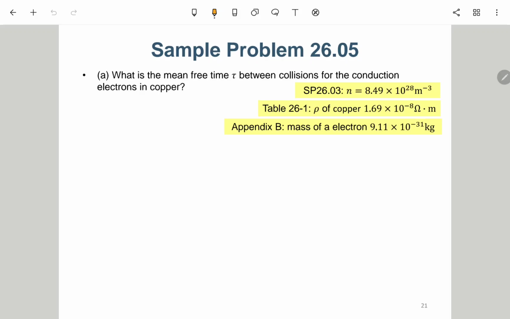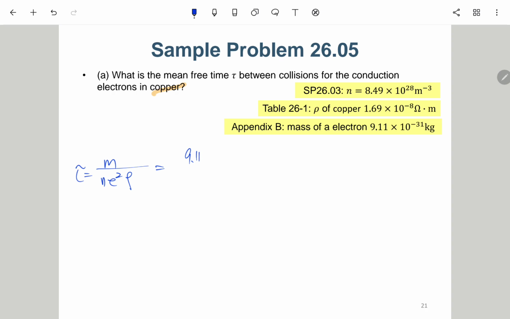Here we have a simple sample problem. The first question asks, what is the mean free time tau between collisions for the conduction electrons in copper? Here we just need to use tau equals m over n e squared rho.